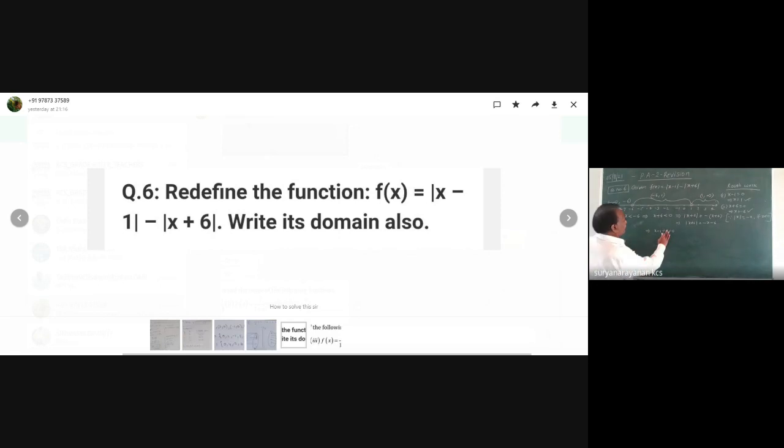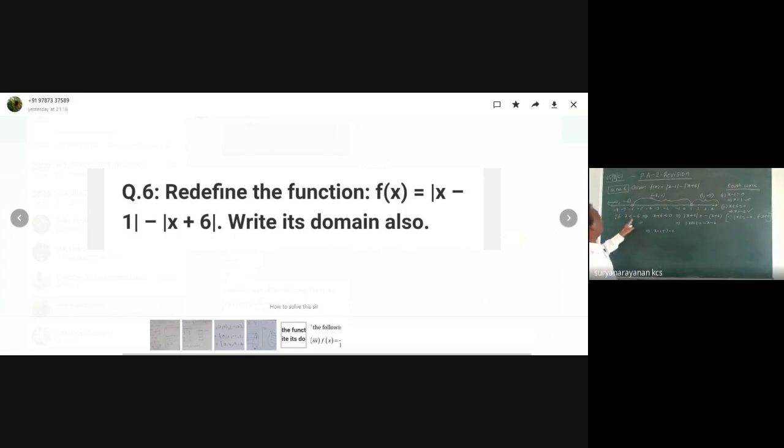Can you write it or not? So we found this value, similarly let us find its value also, x minus 1.